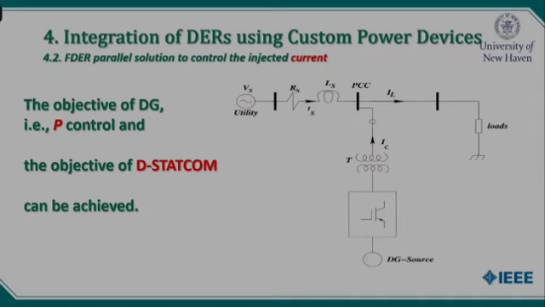I have connected the DG source on the DC link, so I can inject active power here. The objective of DG, that is active power control, and also the second objective, which can be the objective of this STATCOM, can be achieved in this combination. That was the first solution, known as flexible DER parallel solution. Next slide, please.